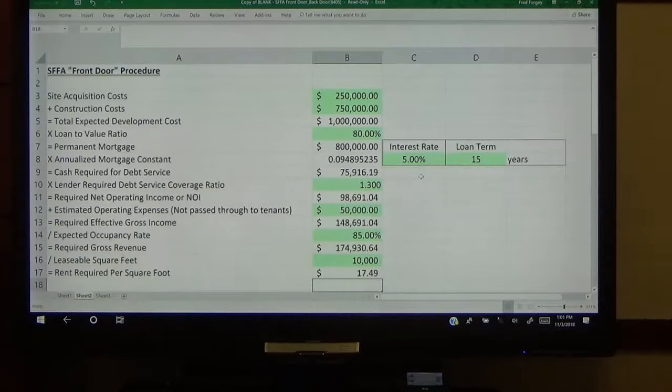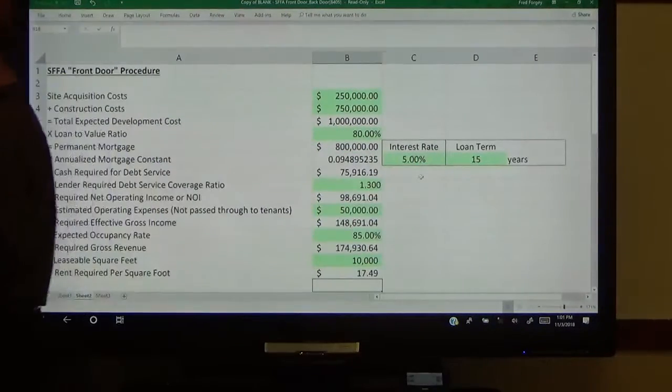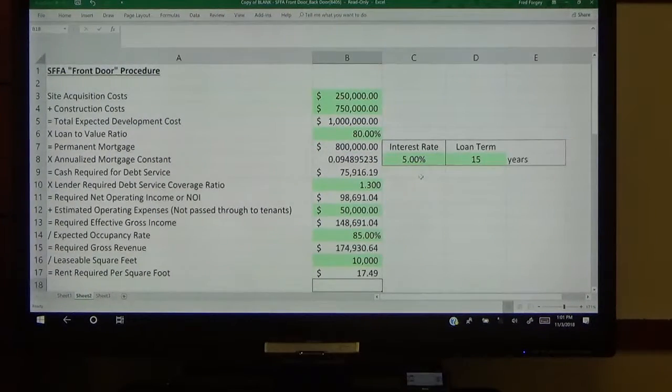But on the flip side, if the market rental rates for this type of product are $15 a square foot, then we would be hard pressed to make this project work. Can we possibly go in and make some adjustments? Yeah, but they've got to be realistic.